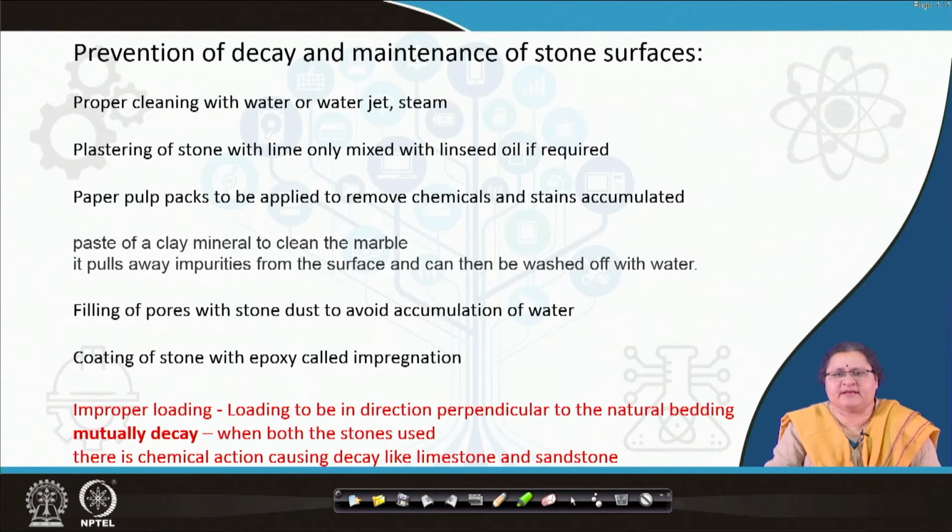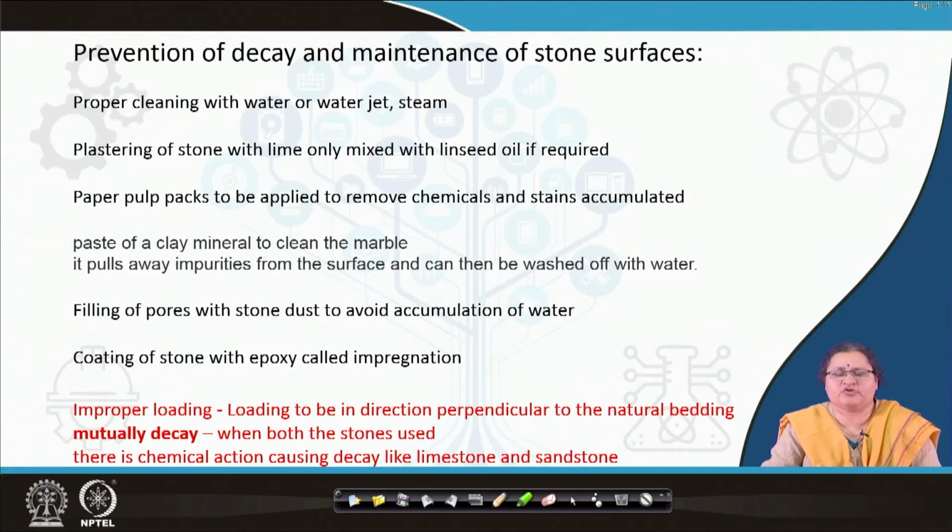Maybe for some inaccessible portions you need a water jet to be pushed on the stone surfaces, and it is basically to take out the dust, dirt, and organic matter likely to accumulate with time. Plastering of stone is the only option sometimes, but that too with lime mixed with linseed oil if required.